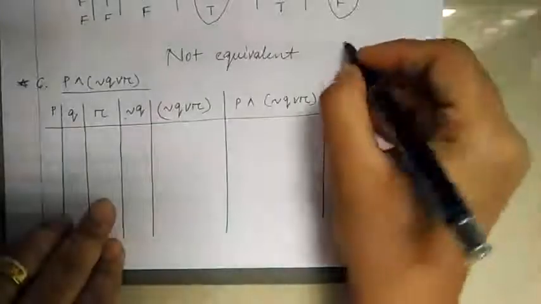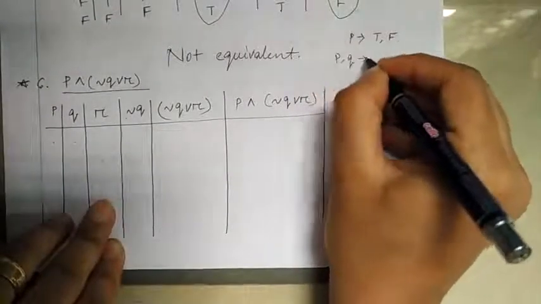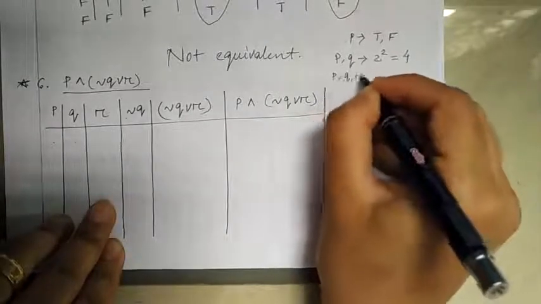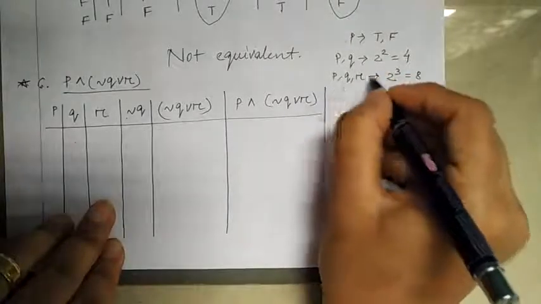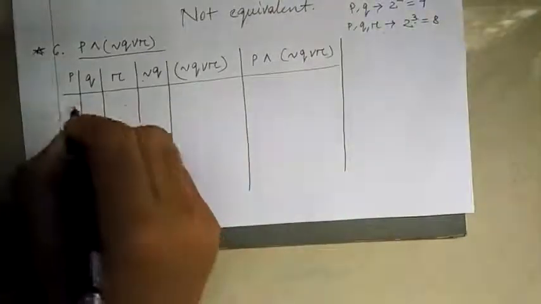For a single one you get 2, for double you get 2 to the power 2, that is 4, and for triple you get 2 to the power 3, that is 8. So the number of combinations is 2 to the power of the number of propositions. Okay, so we'll write the values here.